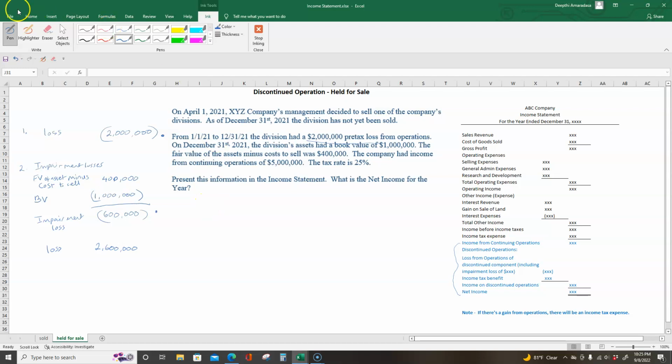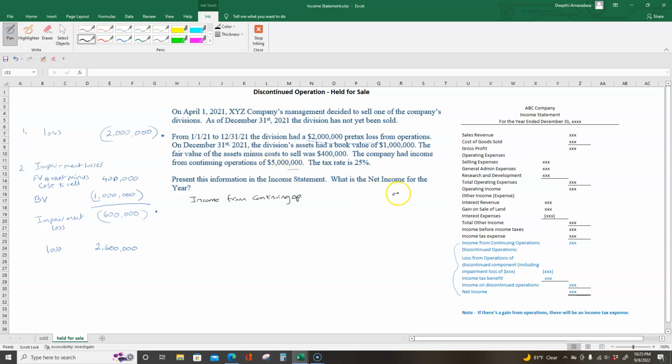I'm going to use a different color to do that. Let's start with income from continuing operations. They told us that income from continuing operations was 5 million.